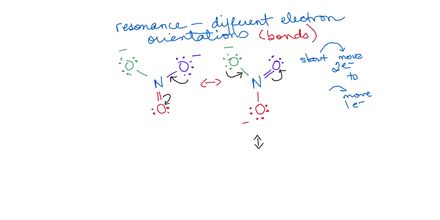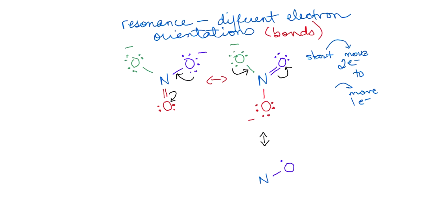So again, let me go ahead and draw my structure again. And I haven't drawn my electrons yet. So I have 2 lone pairs here and here.